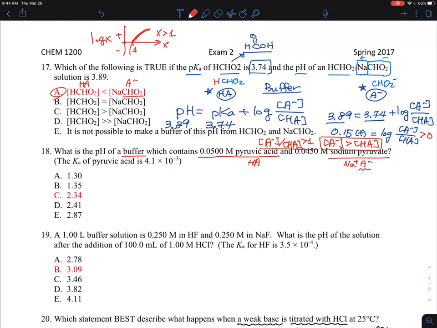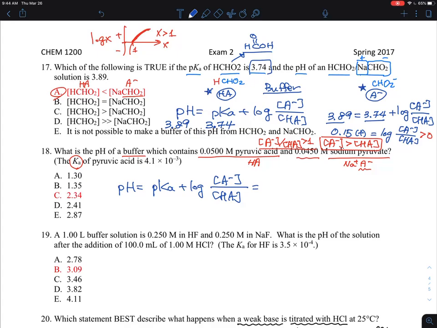But what is really given to you is this A minus concentration. And they give you a Ka. So this is probably the most straightforward one, so we can finish it in no time. So let's write pH equals pKa plus log A minus over HA. This is an equation you can copy down from your reference sheet.